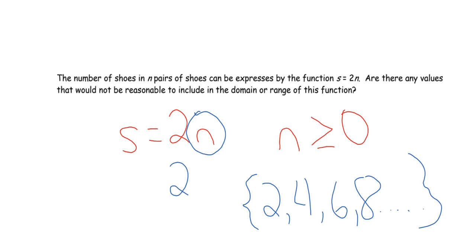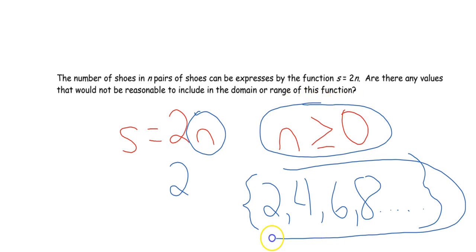So my input would be all real numbers that are greater than 0. My output, which is my range, would be all even numbers greater than 0. So domain is the same as my input, which is the same as my x coordinates. Range is the same as my output, which is my y coordinates.